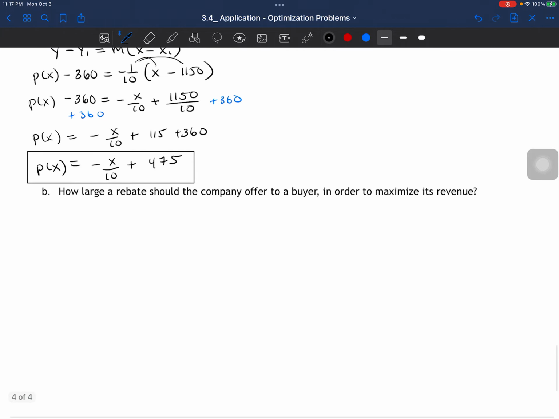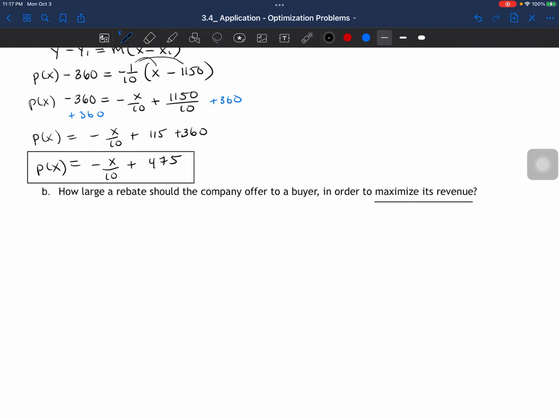Okay. All right. The next part of the problem is asking us to find how large a rebate the company should offer to a buyer in order to maximize its revenue. So how much of a discount, right, should we give the buyer in order for us to maximize our revenue?